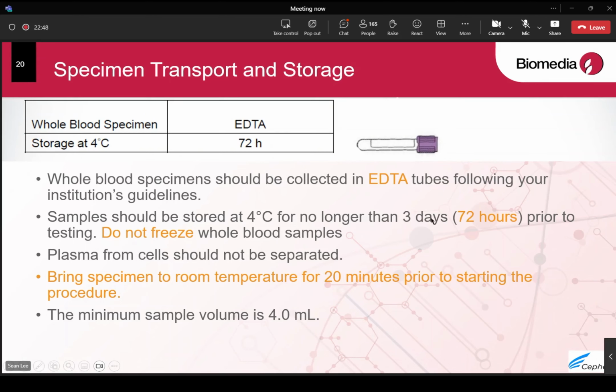Okay, I understand that you might have questions regarding the transport of whole blood from one hospital to another hospital. There is no fixed guideline for this. For us, we recommend that if you want to ship whole blood to another hospital, it's best to keep the blood samples with ice packs.